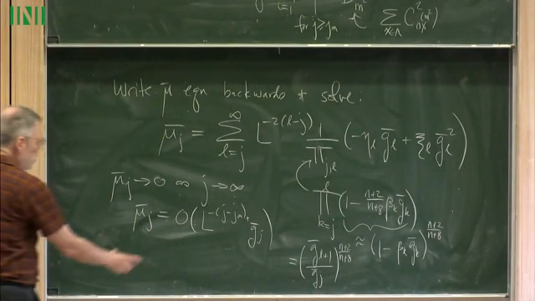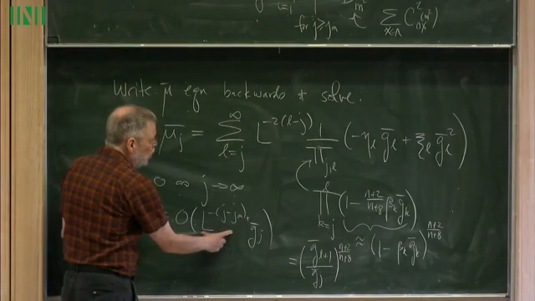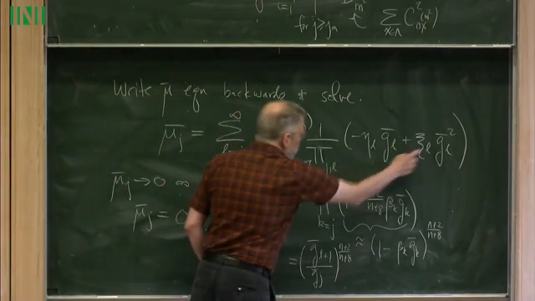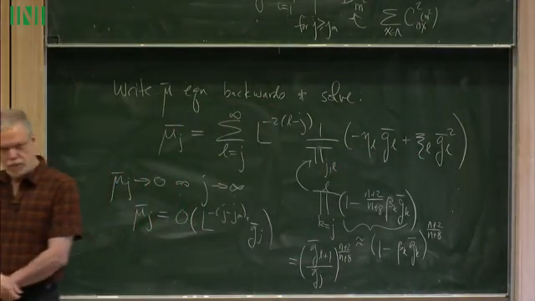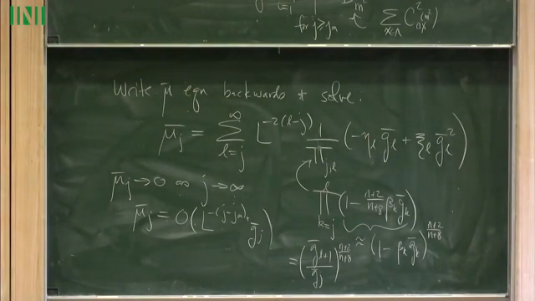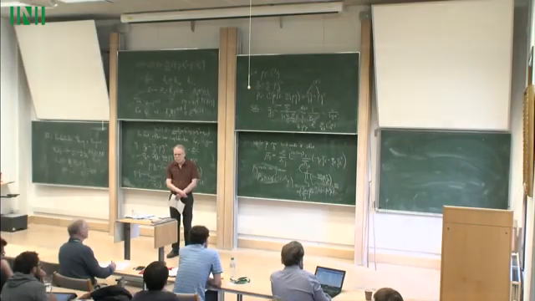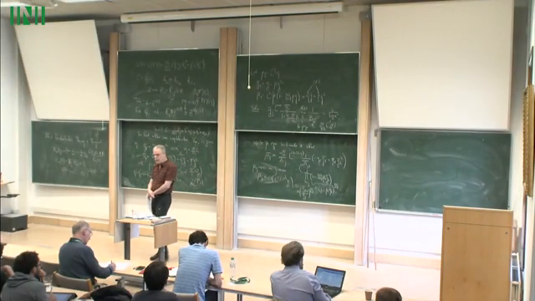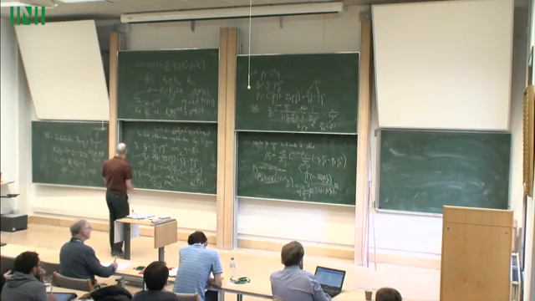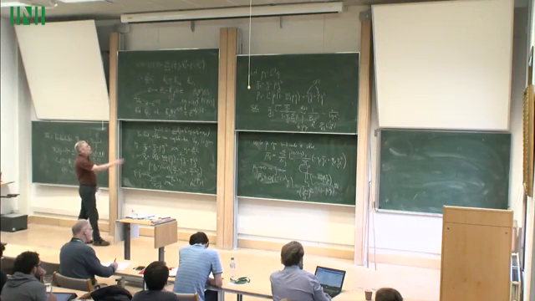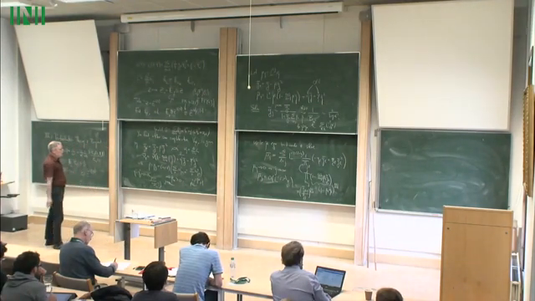This good power of L comes from the fact that these coefficients eta and xi begin to decay exponentially after the mass scale. Yes? The xi's are just functions of the covariance j plus 1? Yeah, so I didn't write down what xi was, but I wrote down a couple of the other ones.